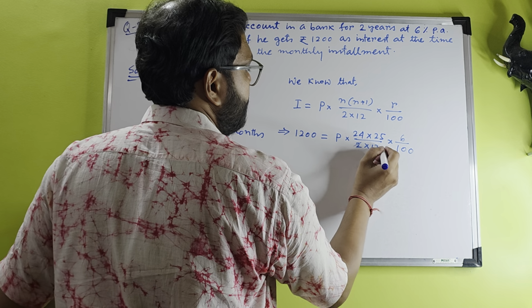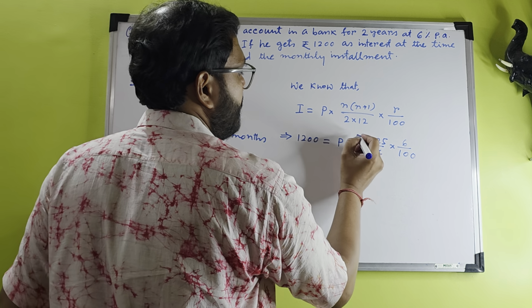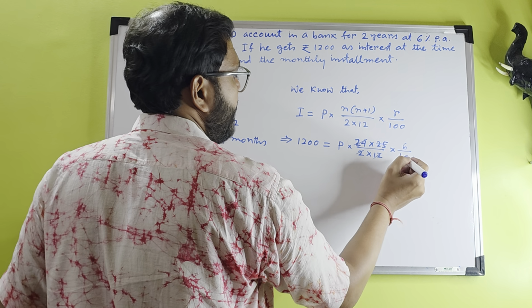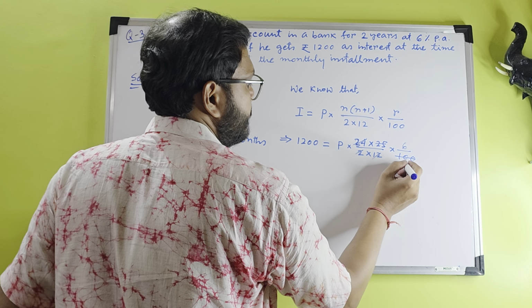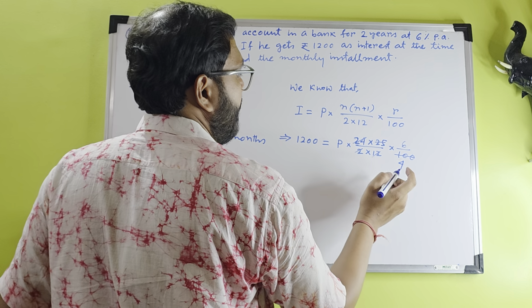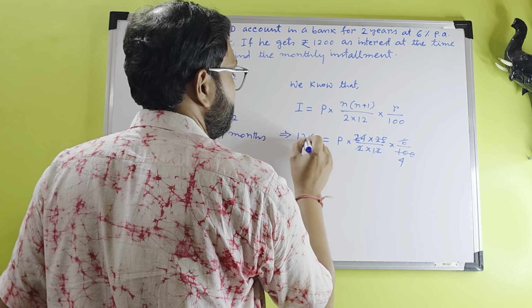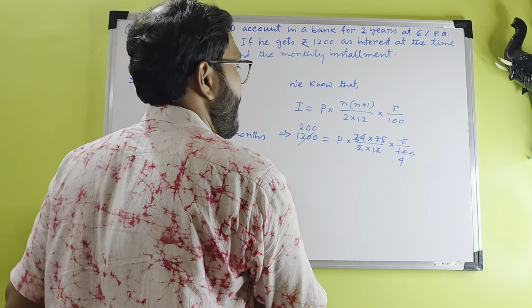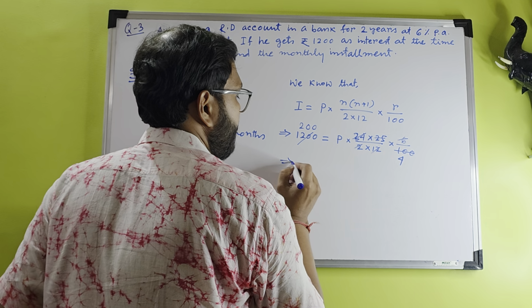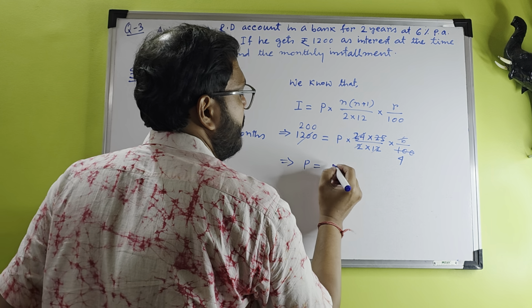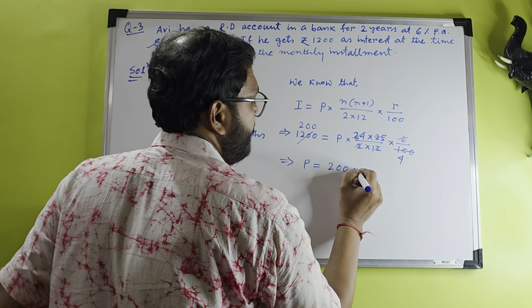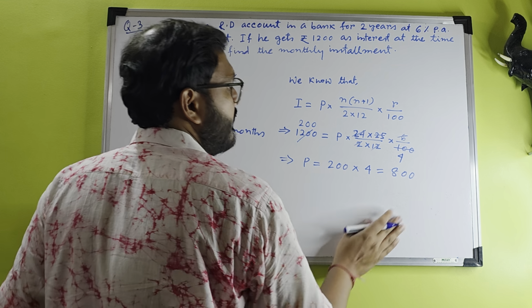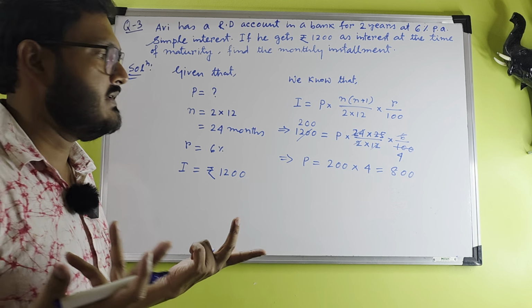Look at 2 into 12 into 24 got cancel. 25, this is 4. 6, 200. Then P equals to 200 into 4. So 800. Finish. Very easy, son.